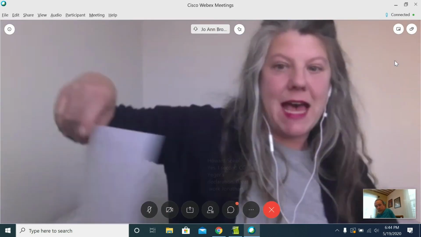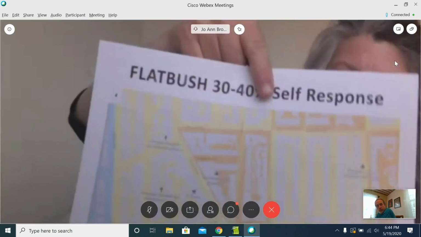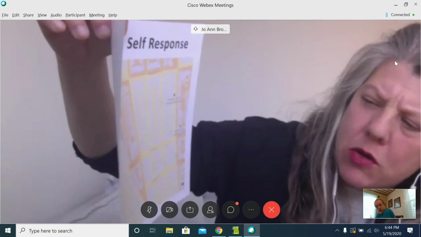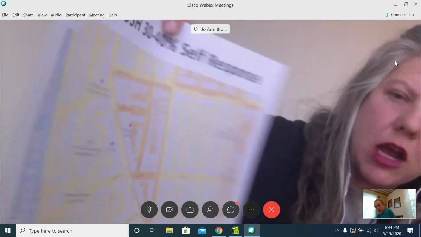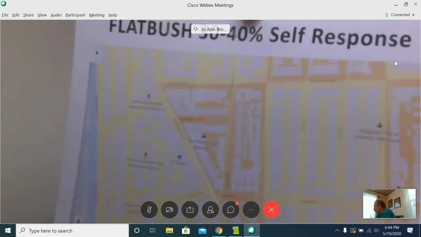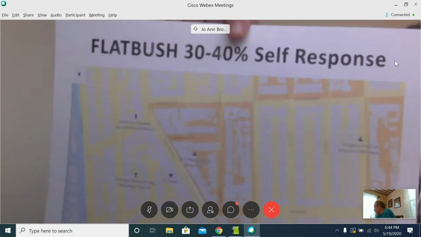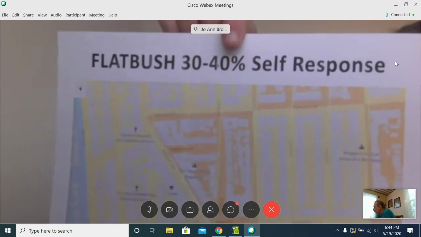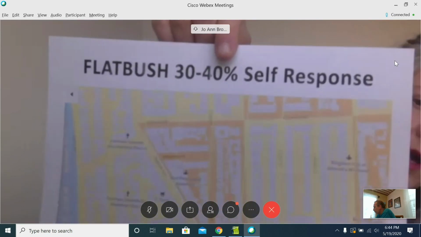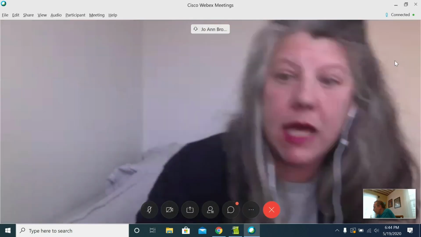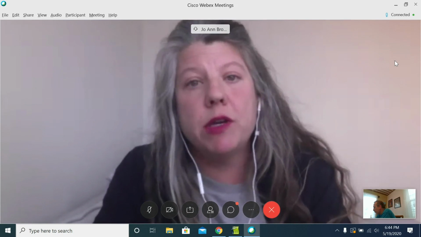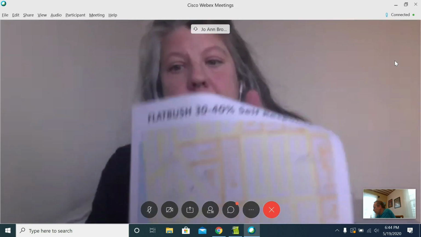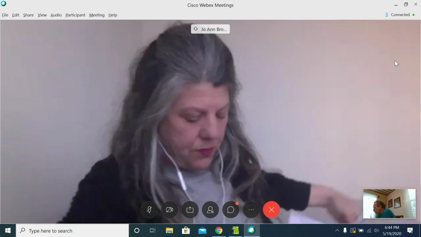Next slide. We have this other part of Flatbush, at the top, Clarendon Road, all the way down close to Newkirk, along Flatbush Avenue in Bedford. This also has a very poor self-report response rate, 30 to 40%. So if you have family, if you have friends, whatever you can do to start spreading the word, we've got to get the numbers up. It's like 36% in this area.